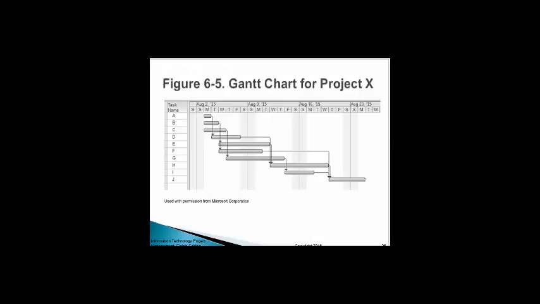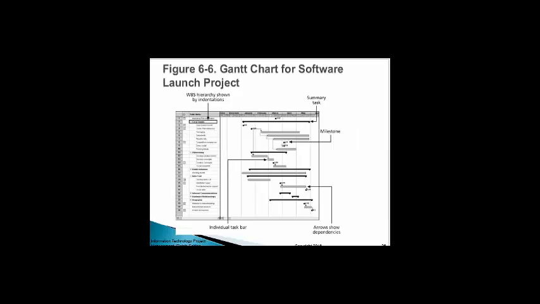And there's an example of one there. And we also see here the Gantt chart for the software launch project that's discussed there in the chapter. And this is more sophisticated. It's based on software launch and uses a template from Microsoft.